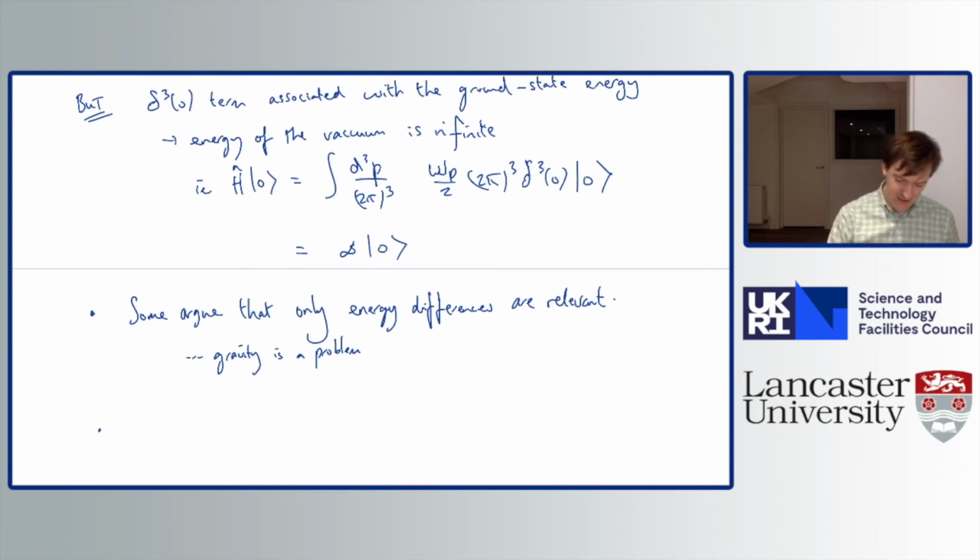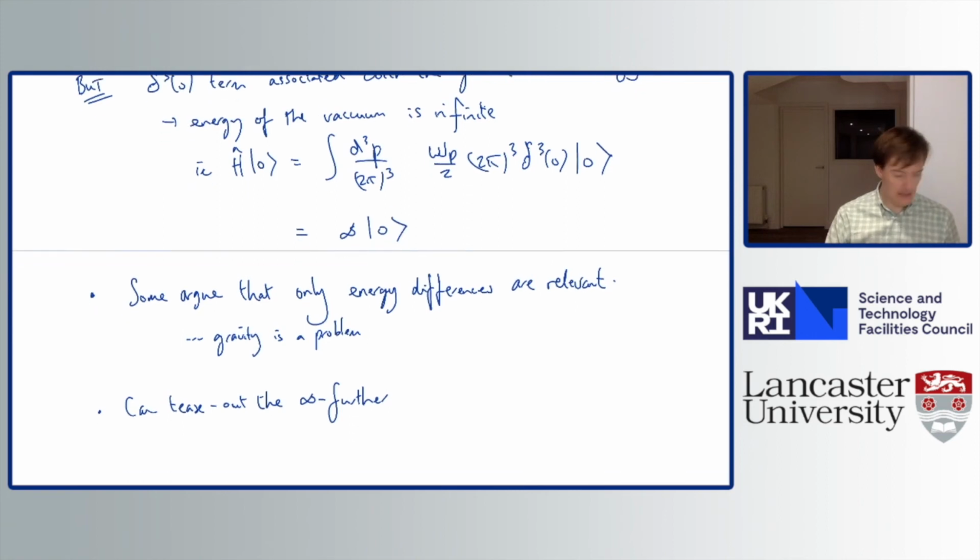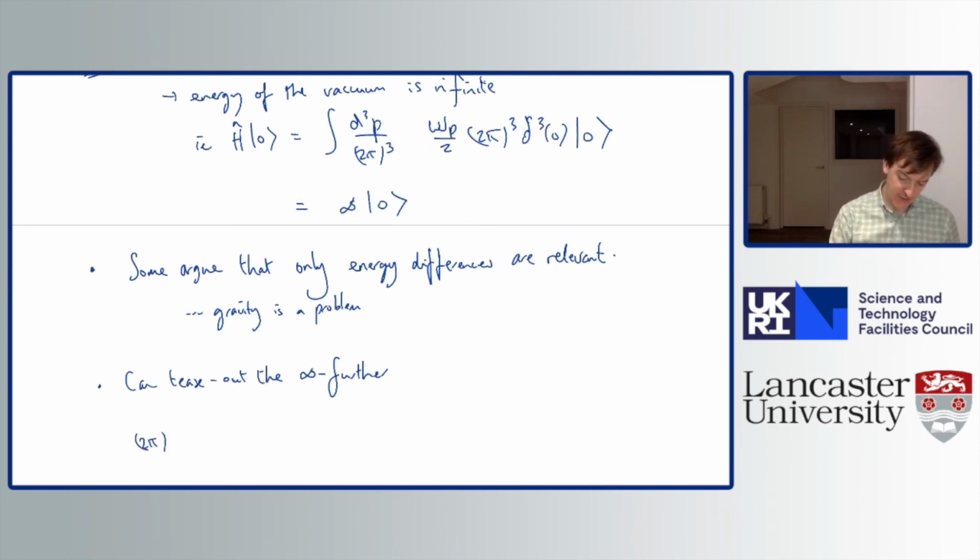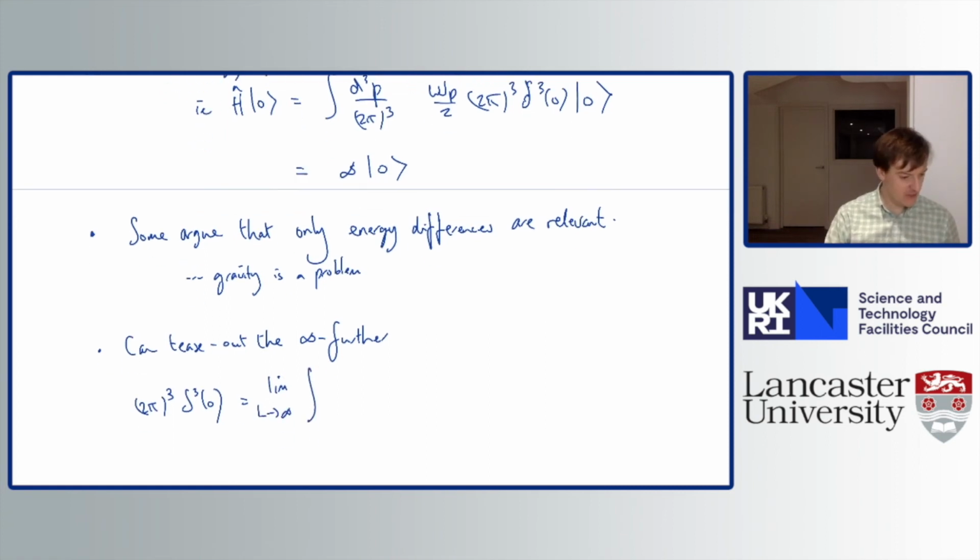We can tease it out a little bit further. Let's actually see what's going on, because there are really two infinities happening here. There's one that comes from this delta function. Let's have a look at this delta function in more detail. What's going on with the delta function? Well, we can think of it as the limit of the following expression: L over 2, the old friend, the definition of an integral of exponentials.